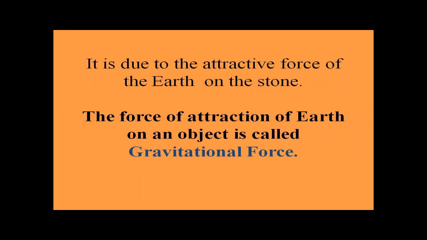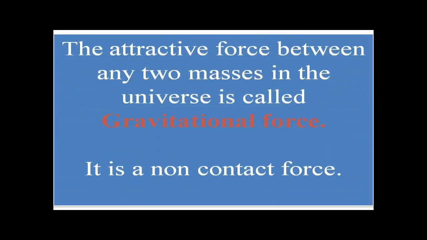The force of attraction of earth on an object is called gravitational force. In fact, the attractive force between any two masses in the universe is called gravitational force. It is a non-contact force as it is applied without any physical contact.